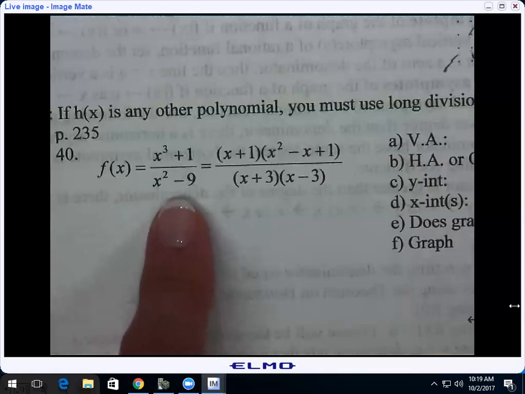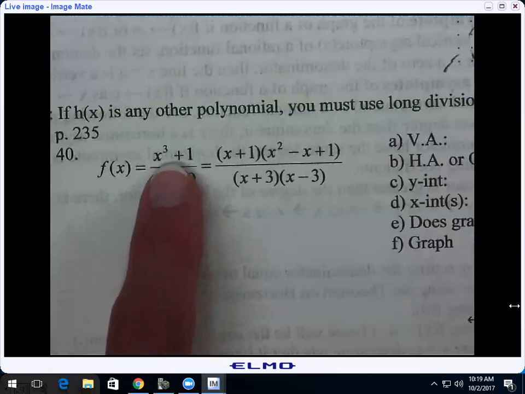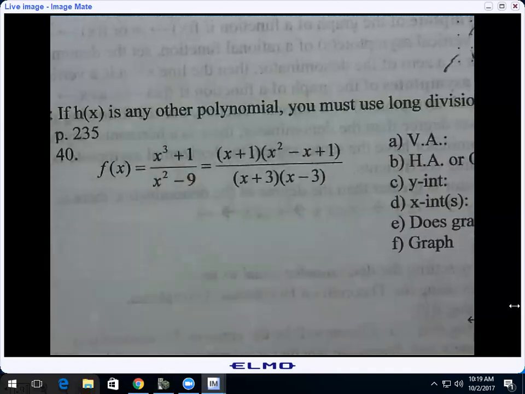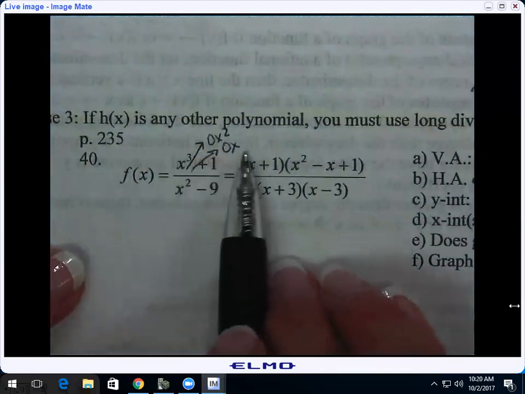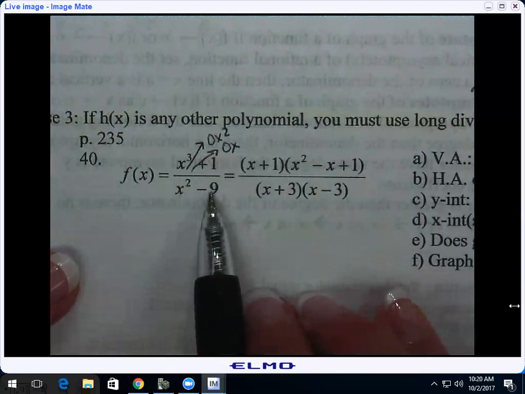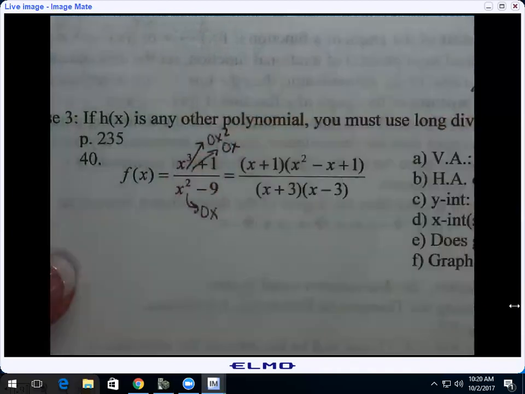So using long division, it's going to look like dividing a binomial into, actually, even if I was using synthetic division here, I'd have to notice I'm missing some terms in the numerator. I'd have to put zeros in for my missing terms. So I'm going to go ahead and put in a 0x squared and a 0x to the first: x cubed, x squared, x to the first, constant. And in the denominator, I'm missing a 0x.